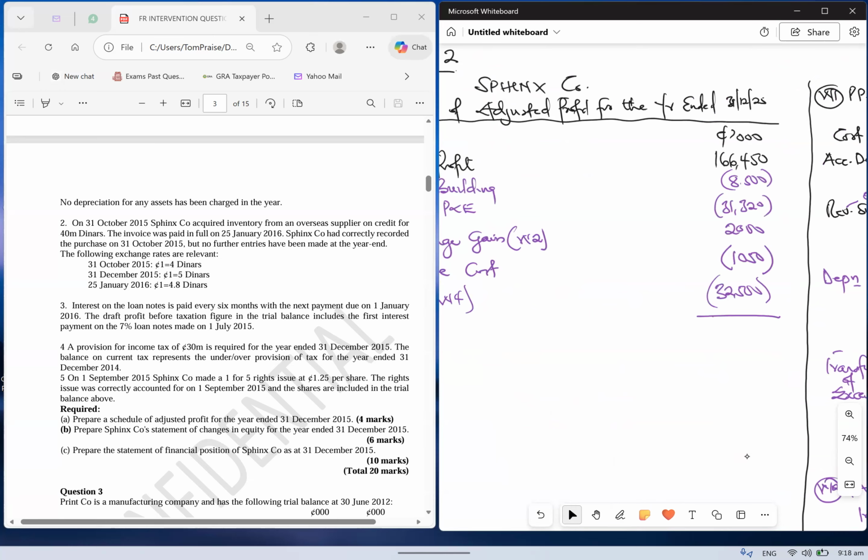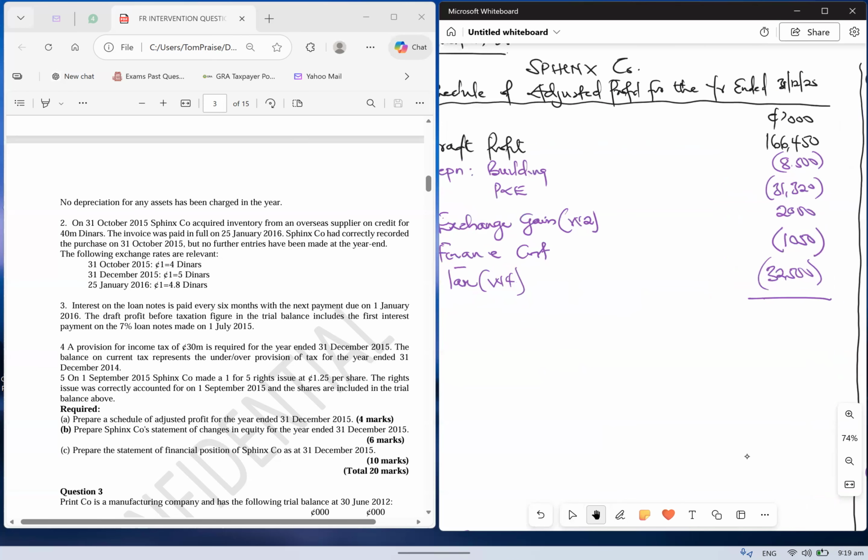And let's go and put it in our balance sheet to see if it will balance. 95,080. 95,080.